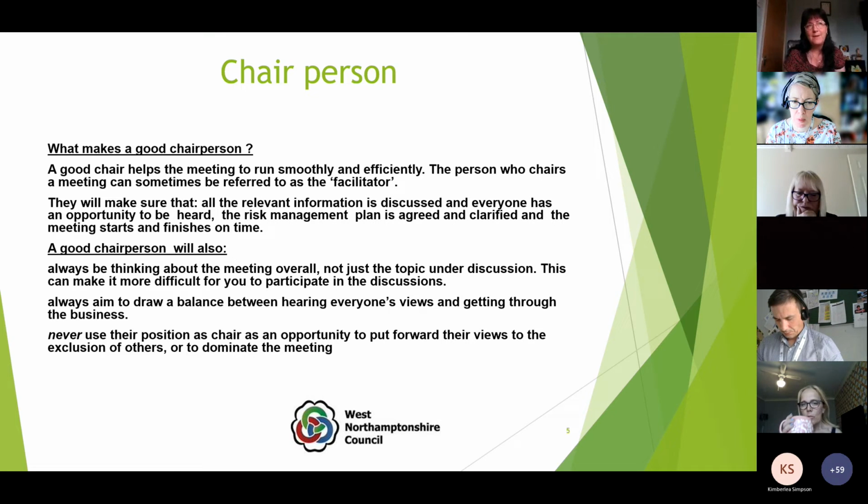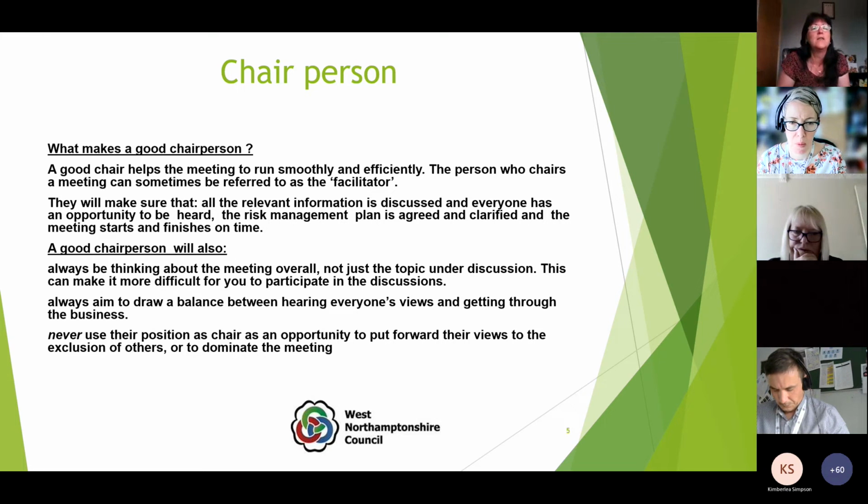Somebody's view of risk may be different. So it is really important that a chair can ensure that that is kept neutral, and that everybody's views are brought in, and the chair then needs to agree and make sure that everybody's in agreement with the outcome of that risk decision or any management plan.